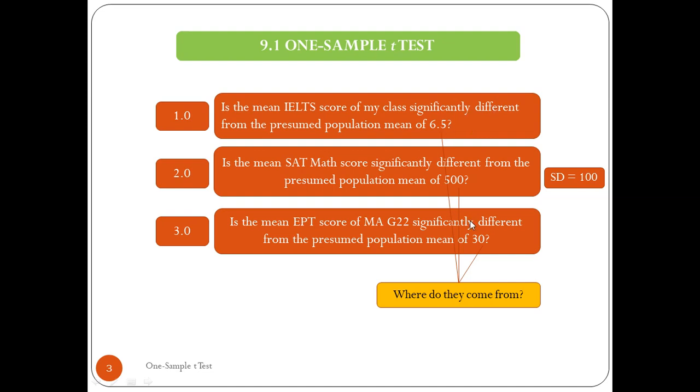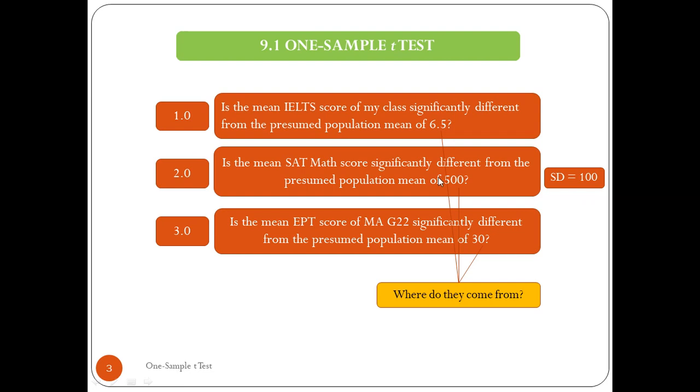So that answers the question, where do these numbers come from? Another classic example regarding the population mean is the SAT math score. It has been observed that students who have taken SAT math, on average, their score is 500 with a standard deviation of 100.